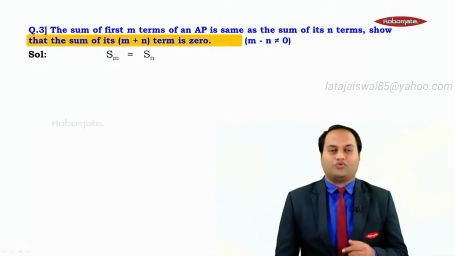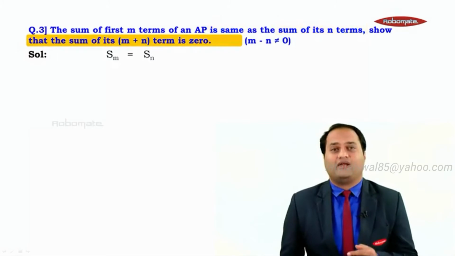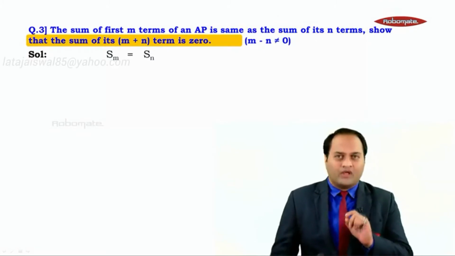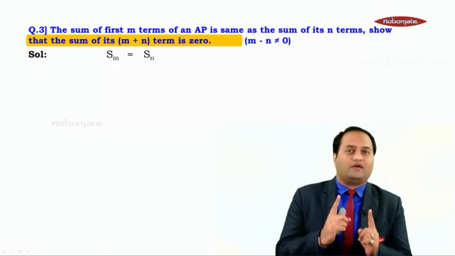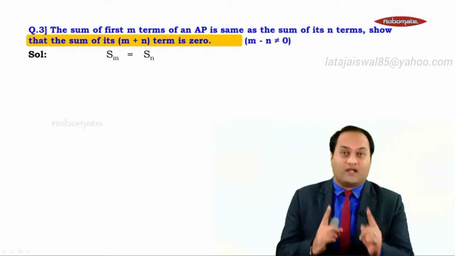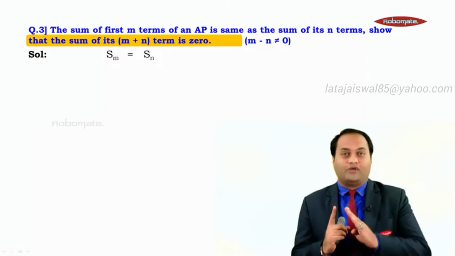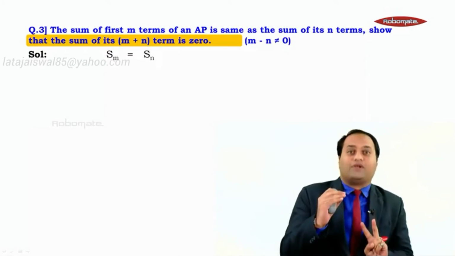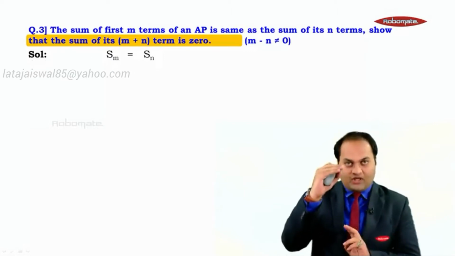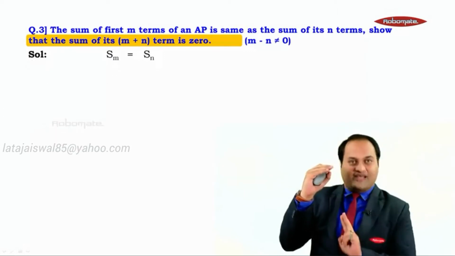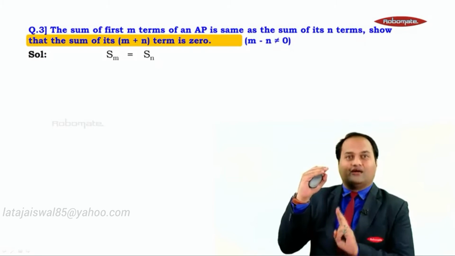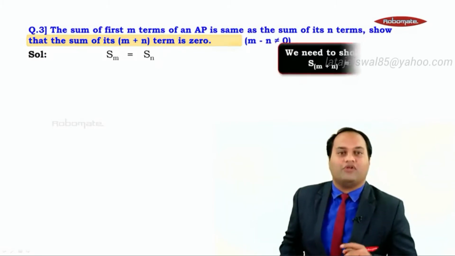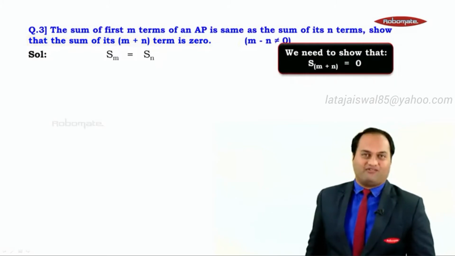What are we supposed to prove? The sum of its m plus n terms is 0. Now what is the sum of m plus n terms? How do we write it? Sum of m plus n terms is not Sm plus Sn. It is not the sum of m terms and sum of n terms. It is the sum of m plus n terms. So the sum of m plus n terms will be S(m+n) is equal to 0.